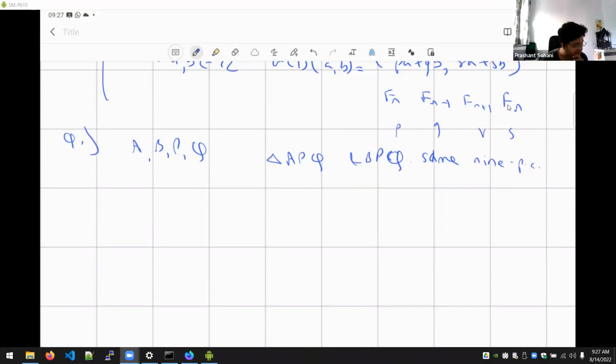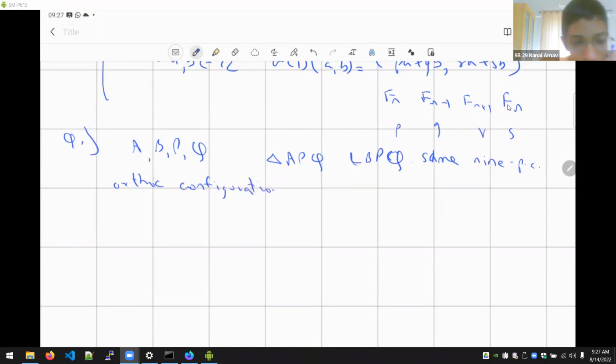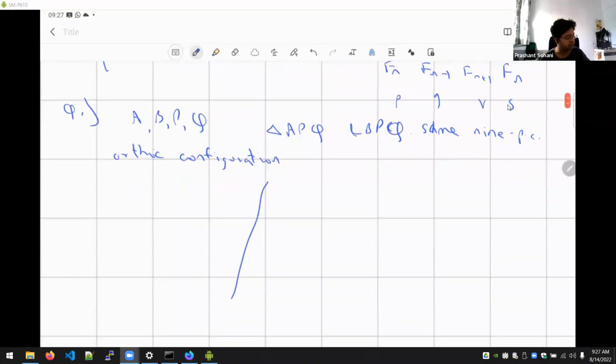Yes, not only that. They form what is called an orthic configuration. Have you heard this term? Yes, sir. Where basically every point is the orthocenter of the other 3 points. So basically what you get is, if you have this triangle, and now I'm taking a general triangle, and you consider the orthocenter.